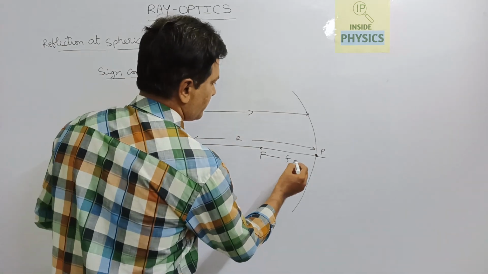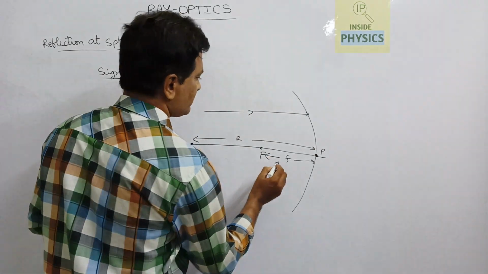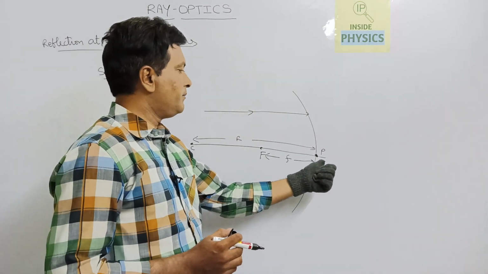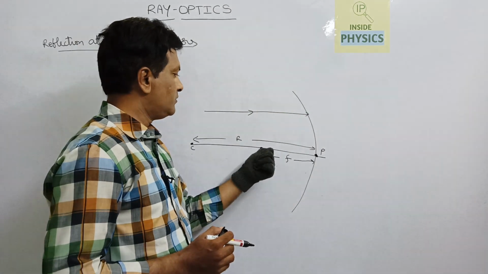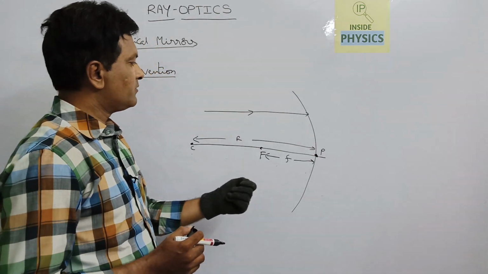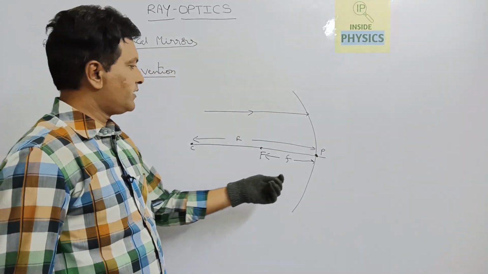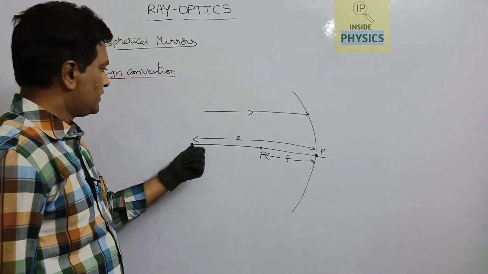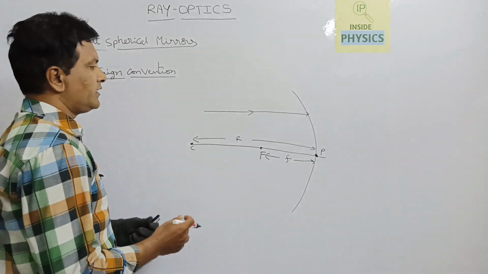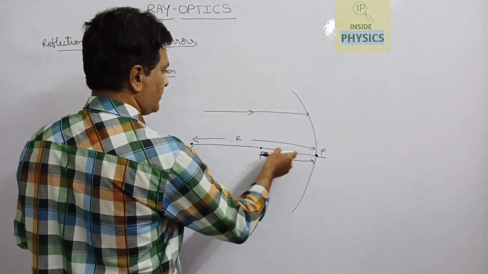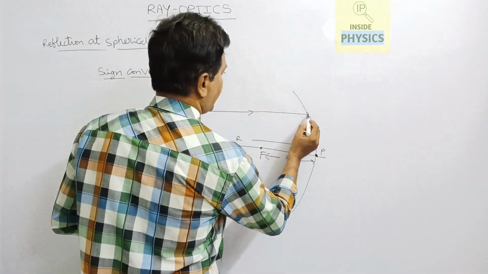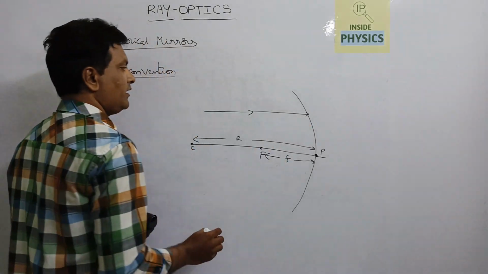The focal length is measured from pole P to F. The radius of curvature is measured from pole P to C, opposite to the direction of the light ray.